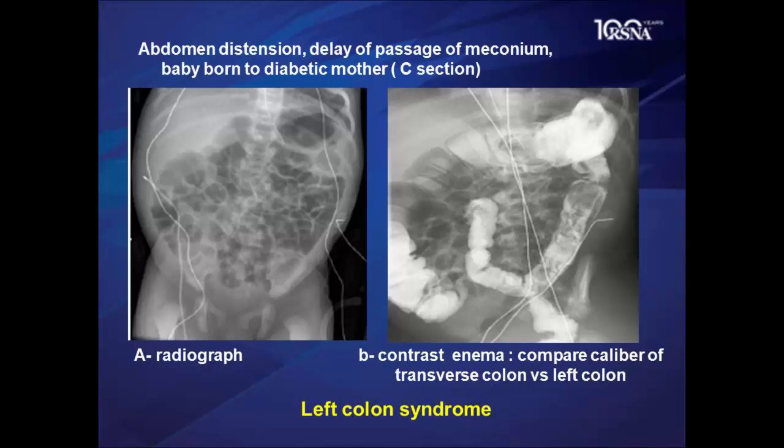One has to be aware of this discrepancy in caliber when we push versus the diameter of the transverse and right colon. Actually, there is no transitional segment at the splenic flexure, which means less likely Hirschsprung, but because of this clinical setting, we call it left colon syndrome.